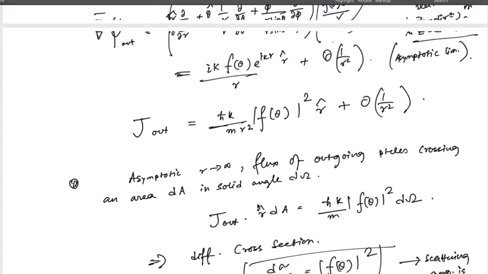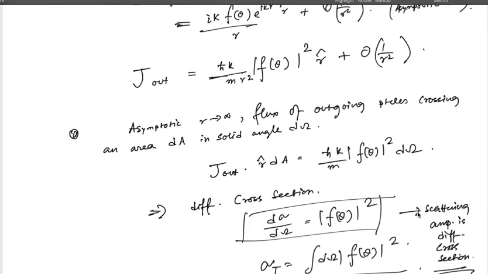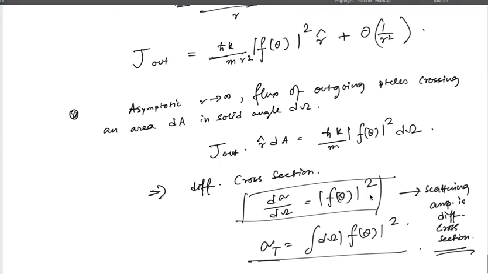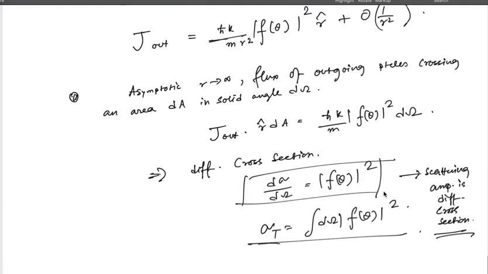This is the area vector, and its projection on the outgoing current tells you the flux of outgoing particles crossing an area dA in solid angle d omega, and that quantity is basically this, if I plug in all these forms and write dA in differential form. So the differential cross section, from here I can work out, d sigma by d omega is |f(theta)| squared, by taking the appropriate ratio of j in and j out.